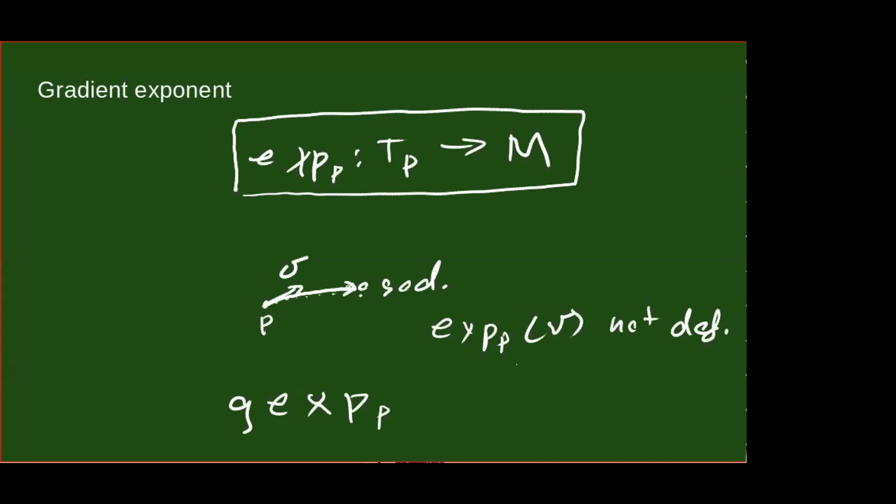So let me quickly say what it is. I will cheat a little bit, and after that I will tell where I'm cheating. Let me start with the function distance squared over 2.